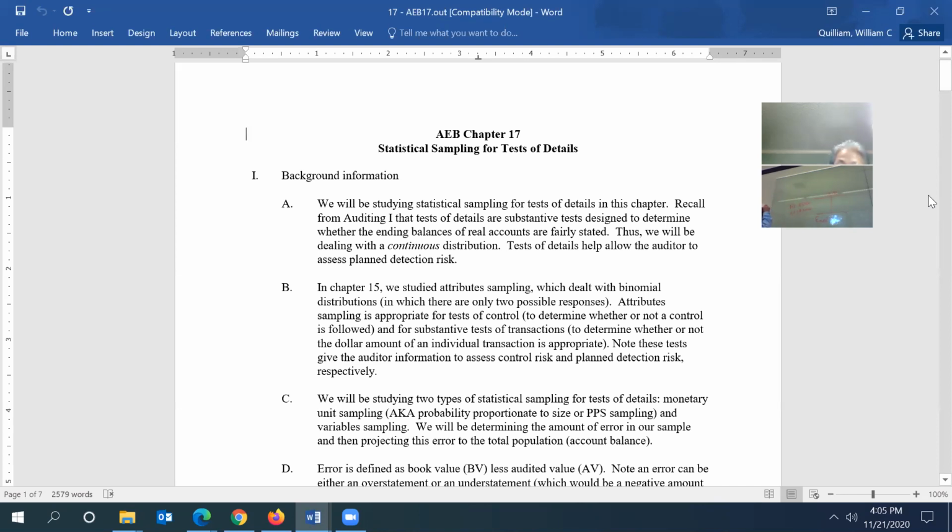So the audited value is $5,000. It's less. Generally, what the client has is an overstatement.